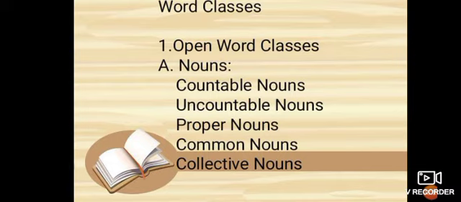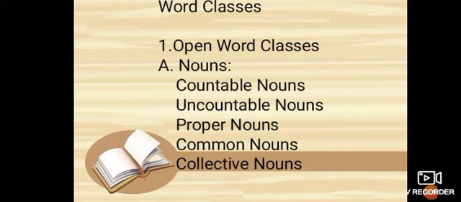They have plural forms and determiners. For example, a boy, a child, a king, a family, a gentleman are common nouns also.